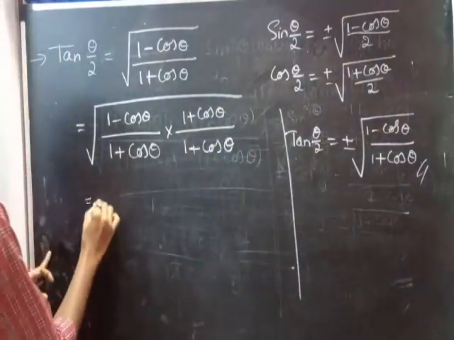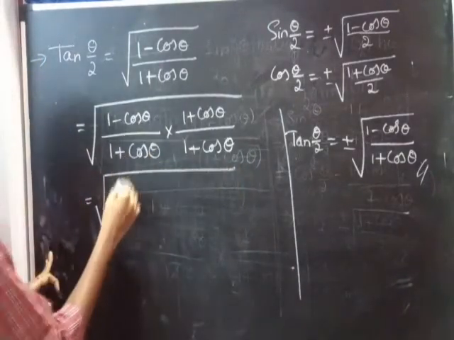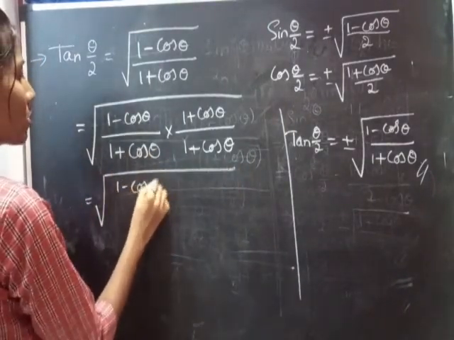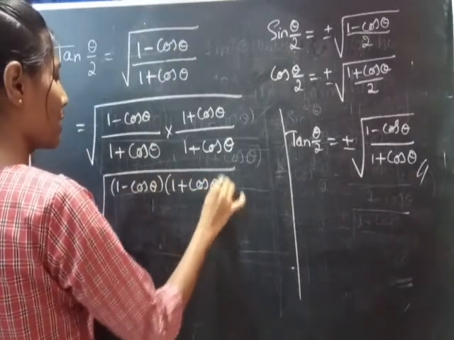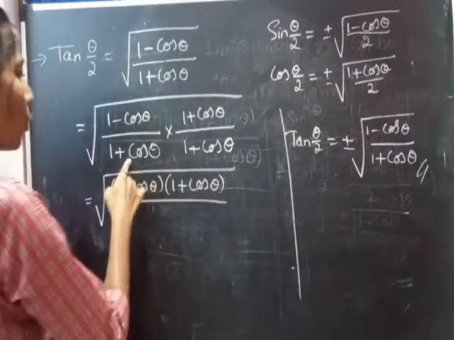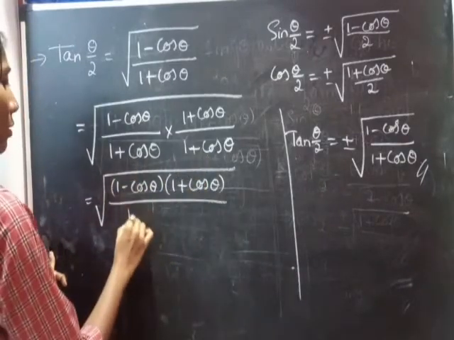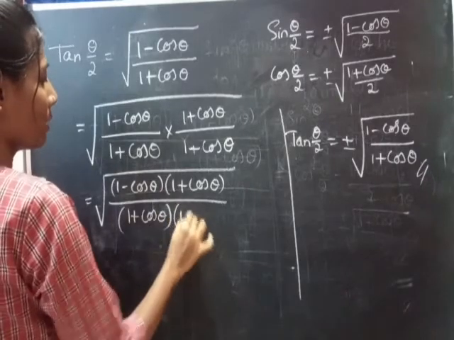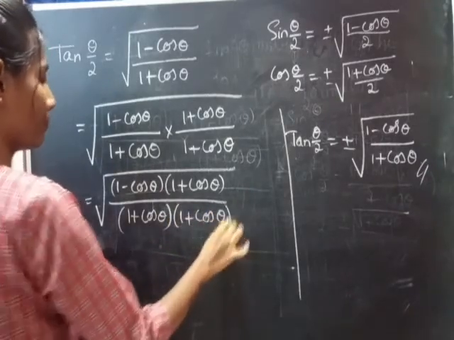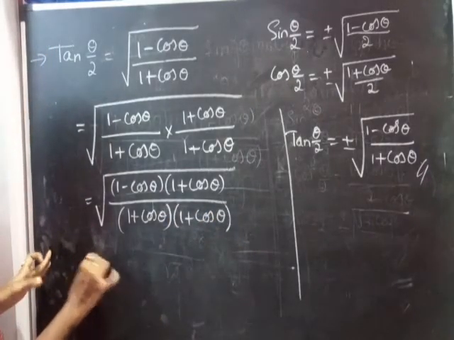So this equals root over (1 minus cos theta) into (1 plus cos theta) by (1 plus cos theta) into (1 plus cos theta).